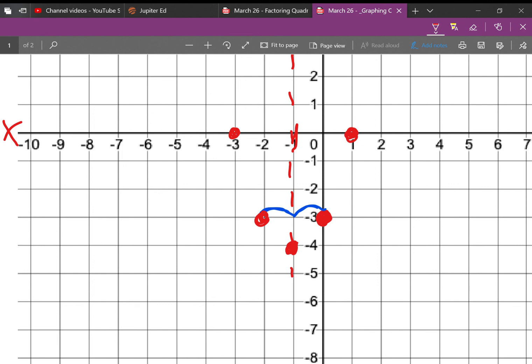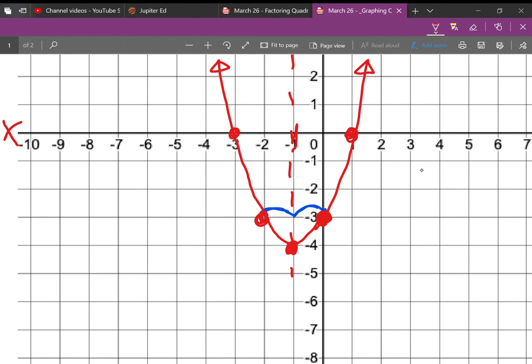I'm going to do my best to draw a smooth curve. Remember, it's not pointy, and it doesn't become straight at the sides. Let me see if I can make this a little bit nicer. It should look something like this, where the arrows tell me it keeps going.